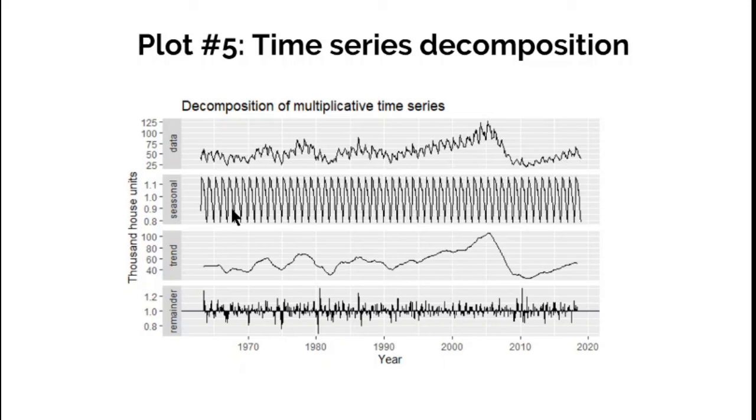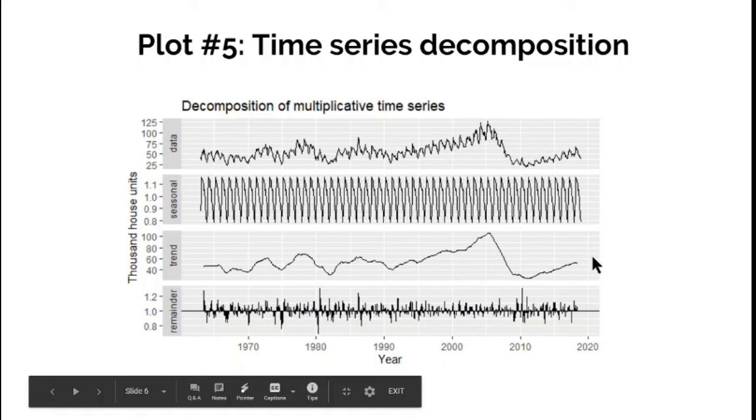The second subplot is the seasonality. If you extract the seasonality from this data, then this is what the seasonality looks like, and as you can see, the seasonality is very strong, and it's uniform basically. The third subplot is the trend, which again, as I mentioned, shows the overall trend and what happened around the housing crisis and so on.